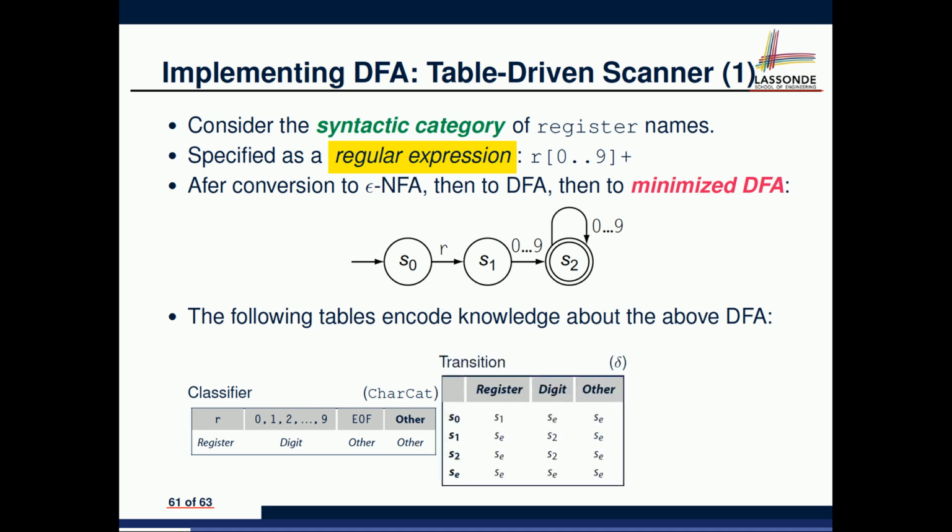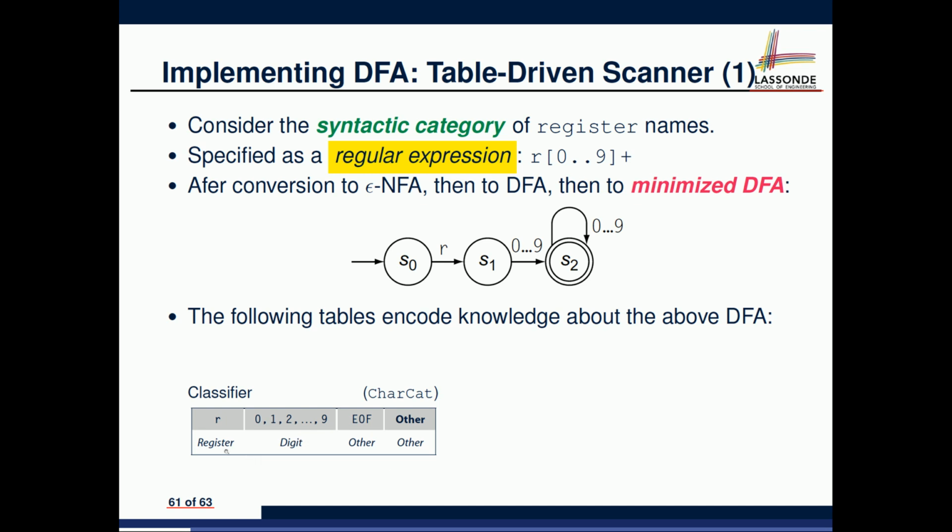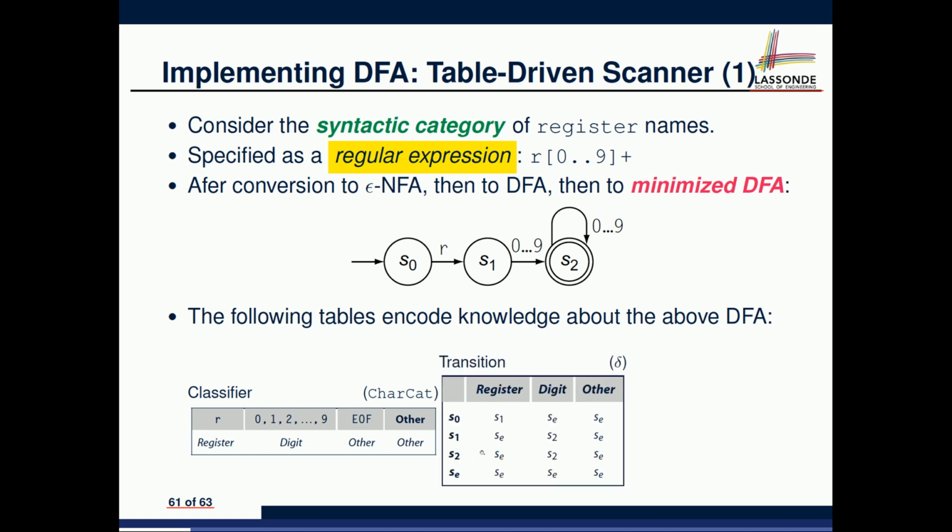And we got the transition table. This one's easy, but notice one thing: the number of columns over here corresponds to the categories we have. How many categories do we have? We got register, digits, and other. Only three categories. That is why you only got three columns over here, as opposed to maybe 0, 1, 2, 3, 4, 5, 6, 7, 8, 9, just in a single column for digits.